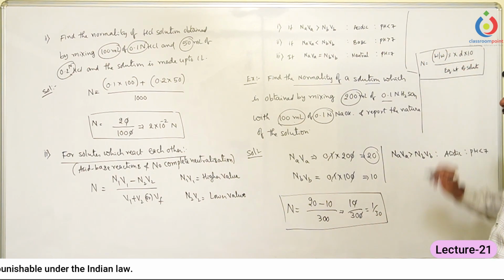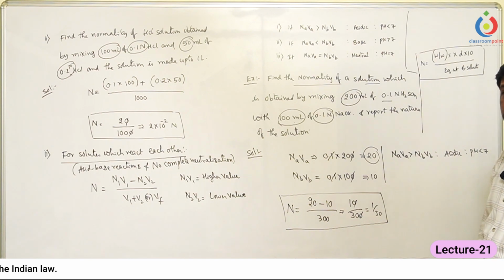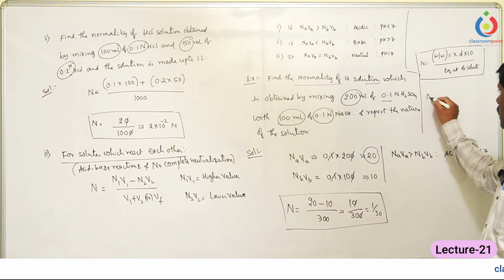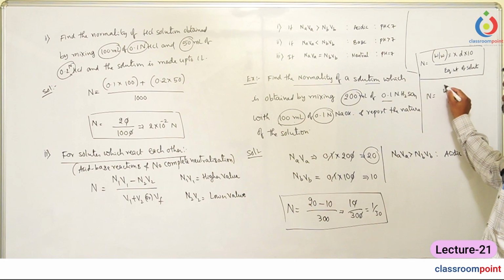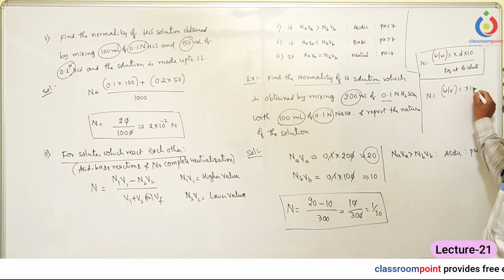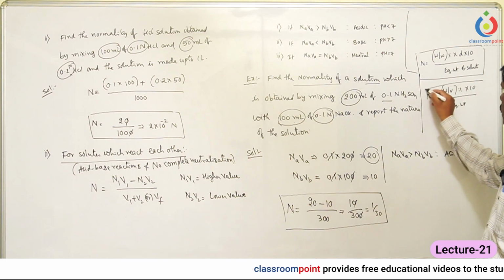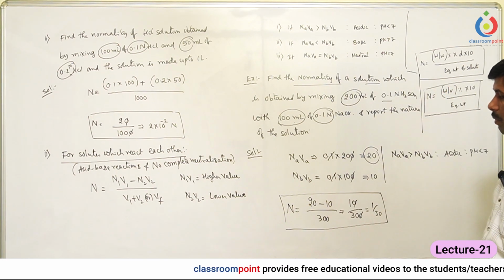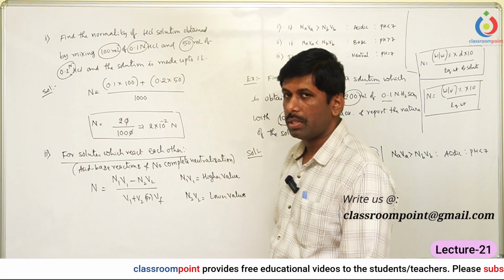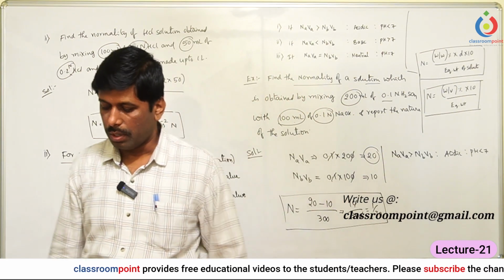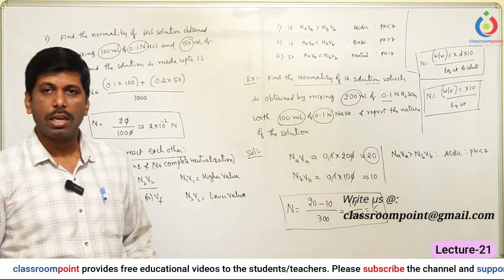What happens if weight by weight percentage is not given but weight by volume percentage is given? Then normality equals weight by volume percentage into 10 divided by the equivalent weight of the solute. Weight by weight and weight by volume percentage calculations we will do in the coming classes.